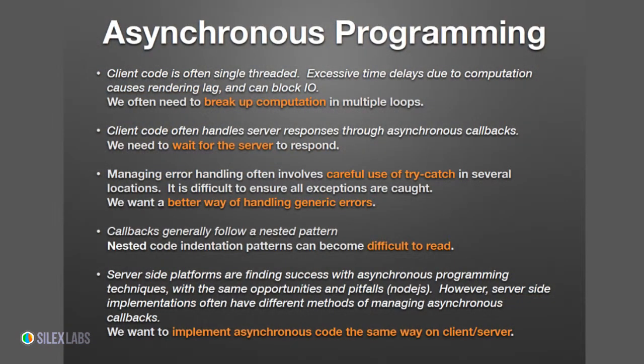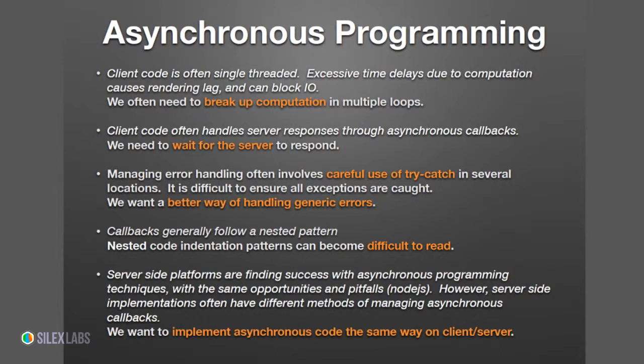And in all these cases, typically when you're invoking these callbacks, you're following nesting patterns that cause you to lose your width of your available width for your code. This can make the code really difficult to read.